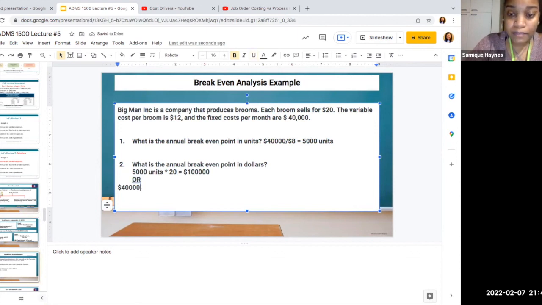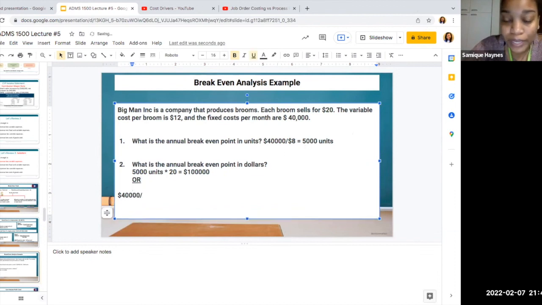We're gonna divide it by, what's the contribution margin ratio? 40%. Okay. How do we find the contribution margin ratio? What did we do? Let's break it down.